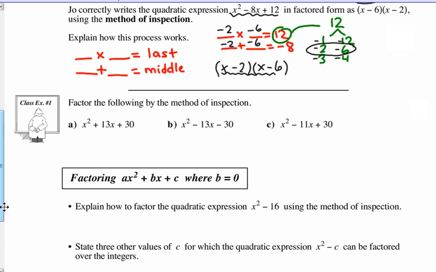Okay, so we're going to factor these. This first one, we want two numbers that multiply to 30 and add to 13. So who are we going to make a product tree for? 30. Starting at 1: 1 times 30, 2 times 15, 3 times 10. Does 4 go into 30?